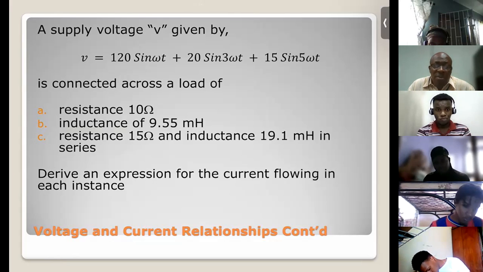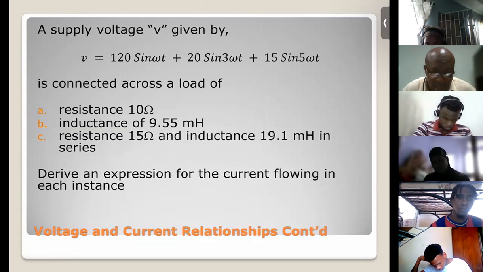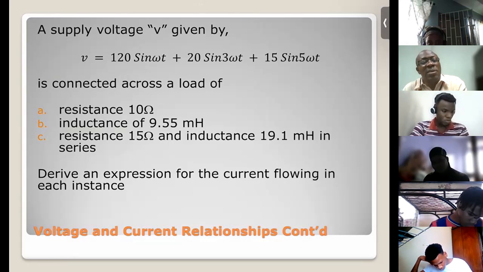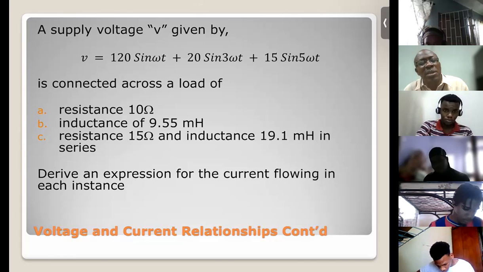We have it connected across a resistance of 10 ohms, inductance of 9.55, and then a resistance of 15 and inductance of 19.1. And we want an expression for the current in each instance. So all we want is a current expression. We're not doing RMS yet. We just want the current expression.